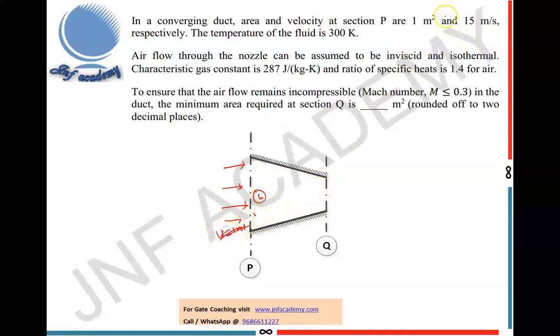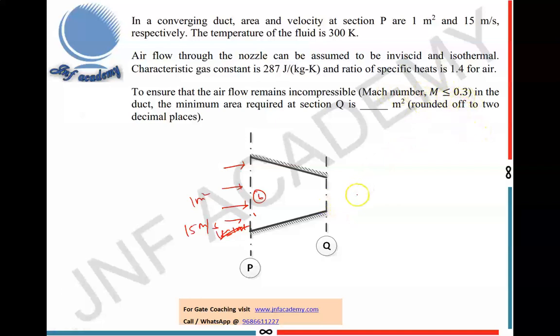Sorry, the velocity is equal to 15 meter per second, and the area is 1 meter square. In section Q, they have not given any information about section Q, but what they wanted to ensure is that the flow needs to be incompressible. They have given a guideline: if the Mach number is less than 0.3, then the flow is incompressible.